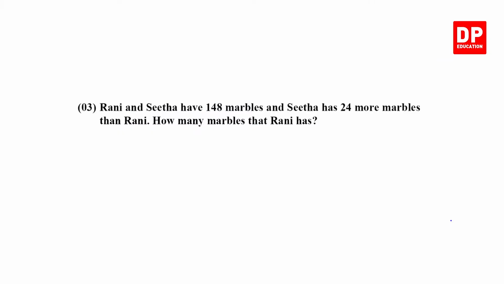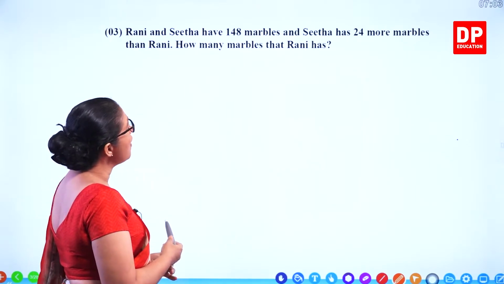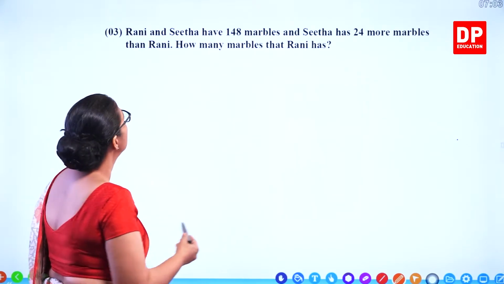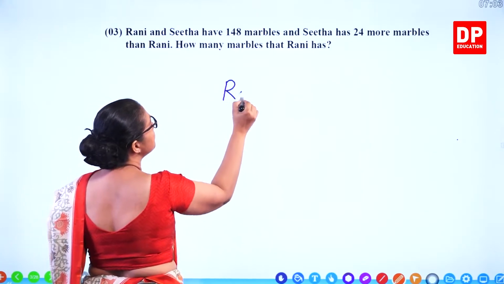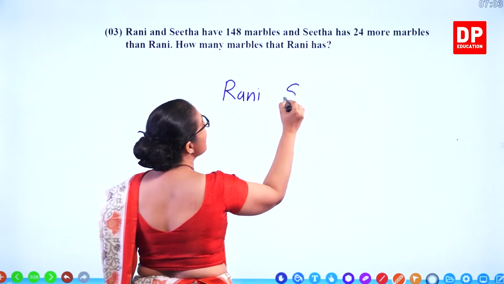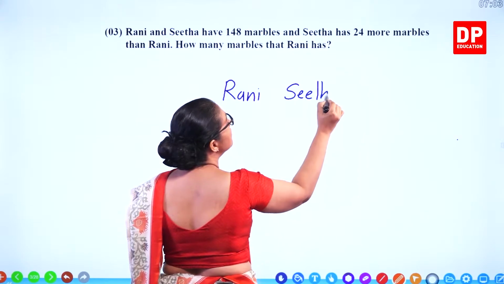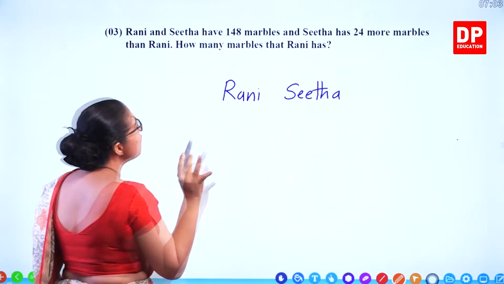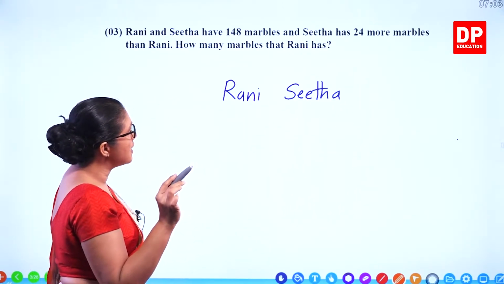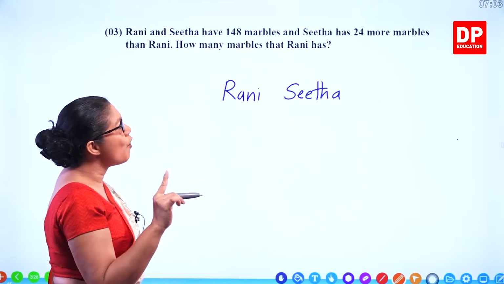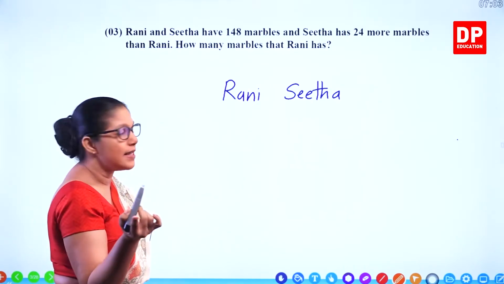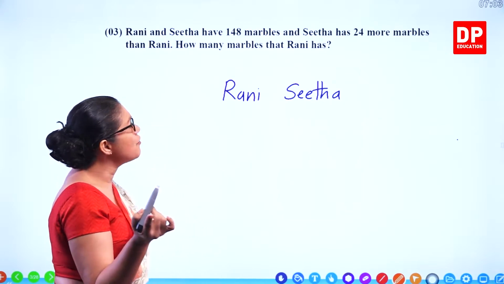Question number 3. Rani and Sita have 148 marbles altogether. Sita has 24 more marbles than Rani. So how many marbles does Rani have?